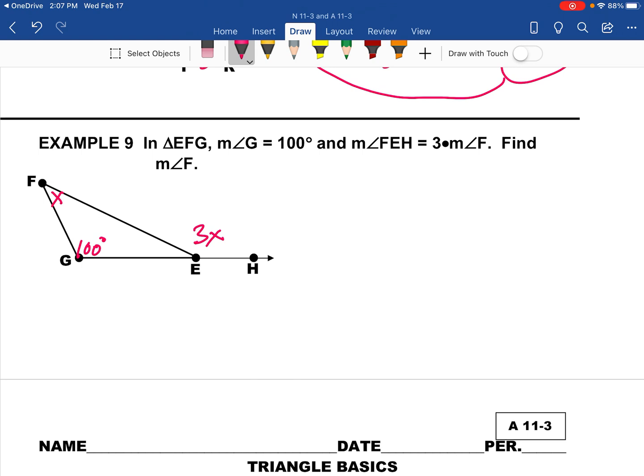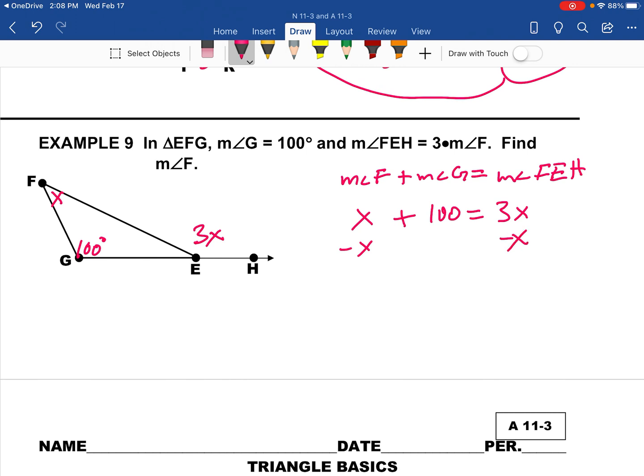So this allows me to write an equation where there are two remote interior angles, so measure of angle F plus the measure of angle G equals the measure of angle FEH. F is x, G is 100, and we named that 3x. So now I have an equation where I can solve for x.